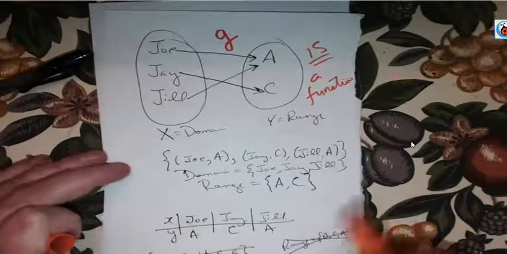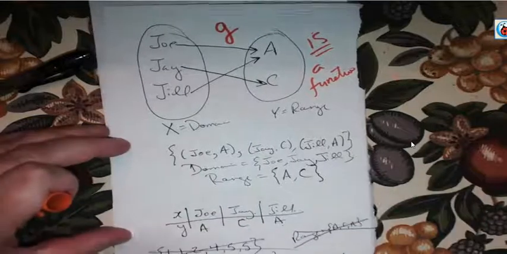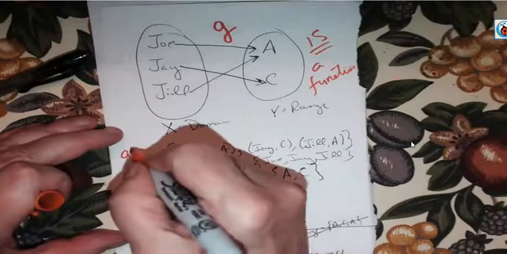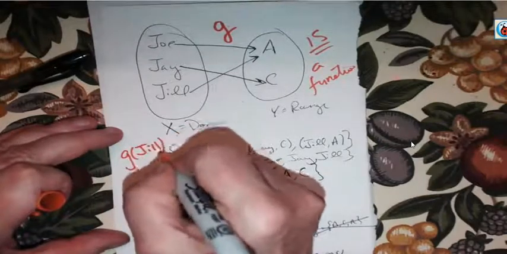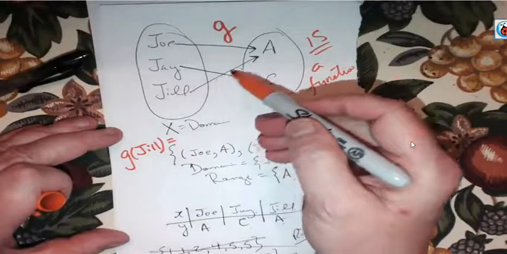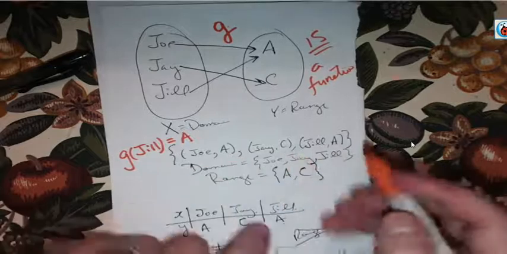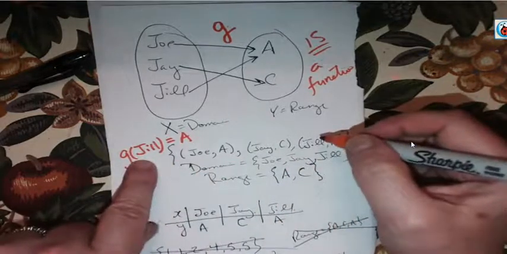Okay, so what is G evaluated at Jill? Well, where does G take Jill to? G takes Jill to A. What if I'm looking at this? What is G evaluated at Jill?